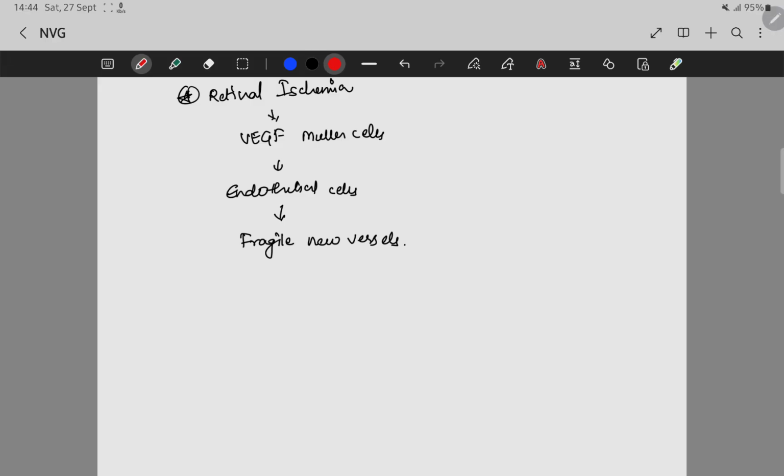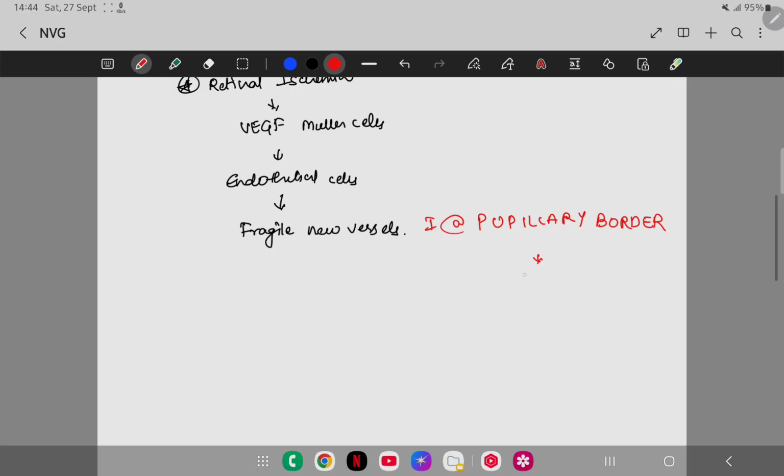These new vessels form neovascularization, first seen at the pupillary border. This is one of the most commonly asked questions in MCQs. Later it extends onto the iris surface, then the angle.